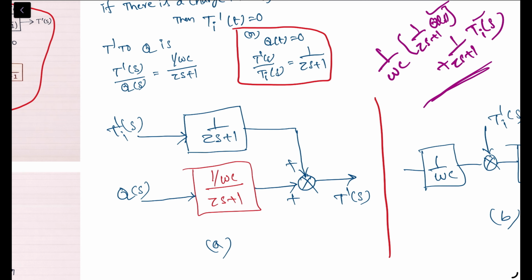What are the two inputs? One is Q of S, the other is the inlet temperature Ti of S. Both these inputs influence the output temperature T of S.